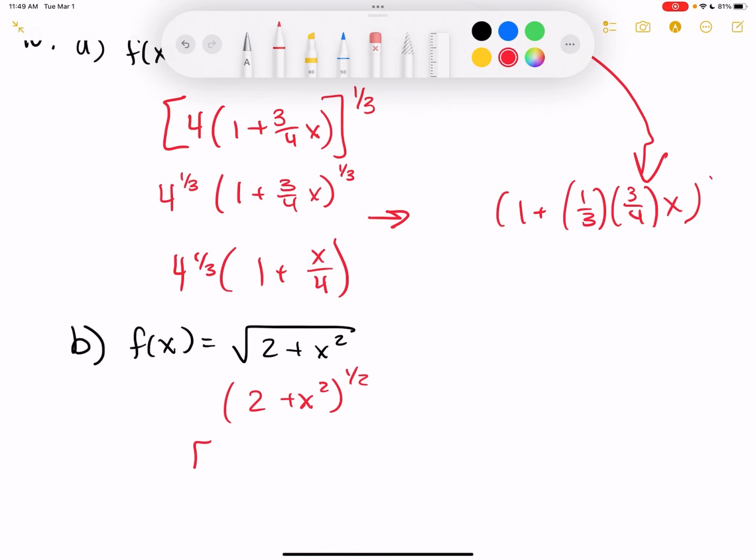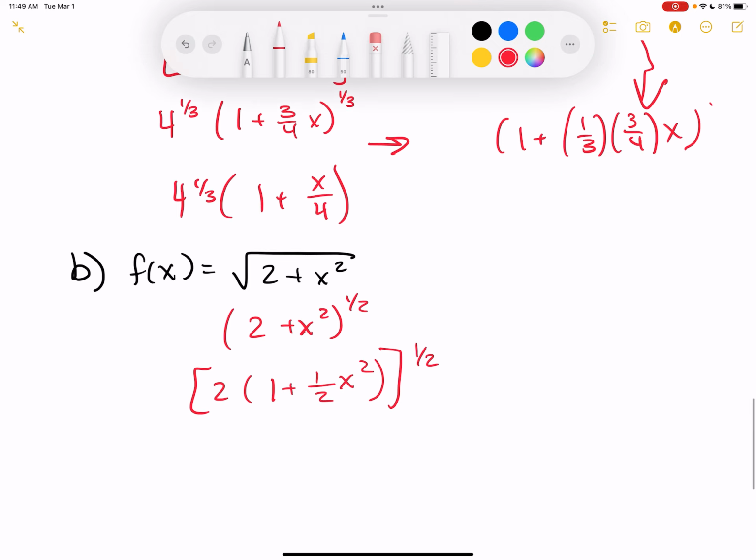So I would actually have 2 times 1 plus 1/2 x squared, all of that to the 1/2. So then we put the 1/2 on each piece, so that would be 2 to the 1/2 times 1 plus, I'm just going to write it this way, x squared over 2 to the 1/2.